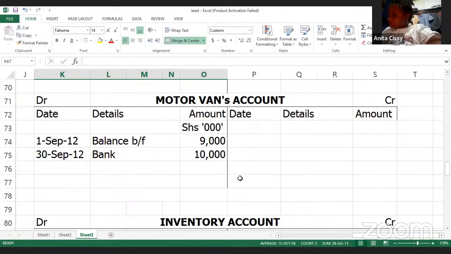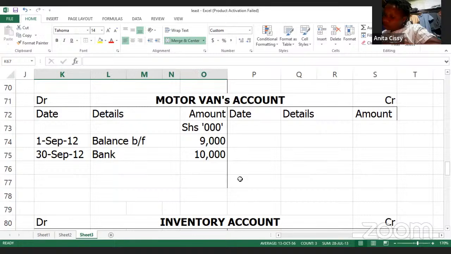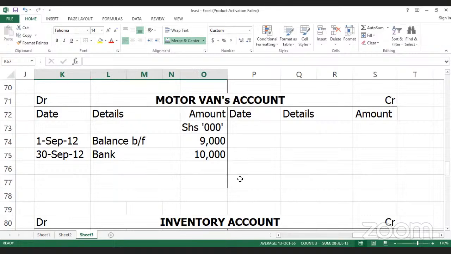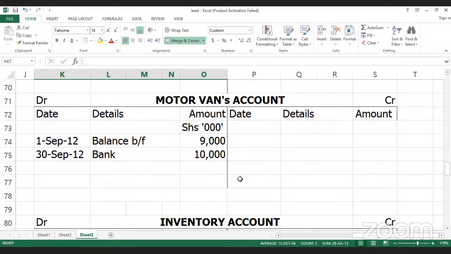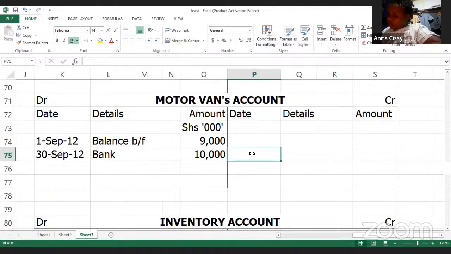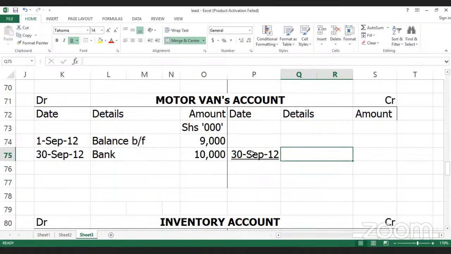Motor vans account. What happened to the motor vans account? Which side is greater? Debit side. The debit side is greater. So we have to insert the balancing figure on the smaller side to make both sides equal.